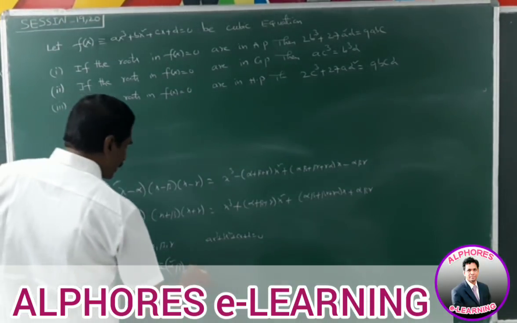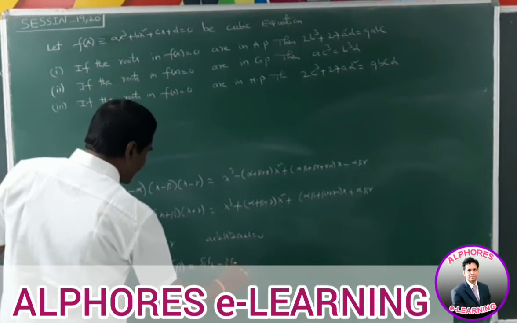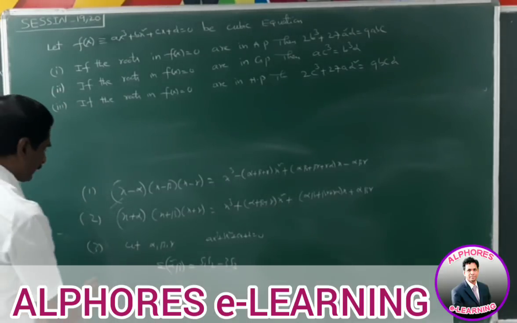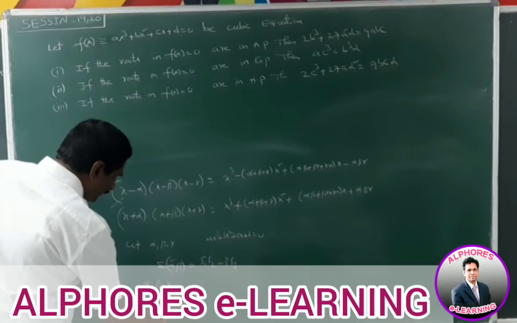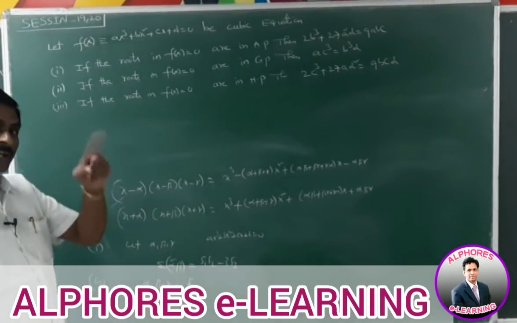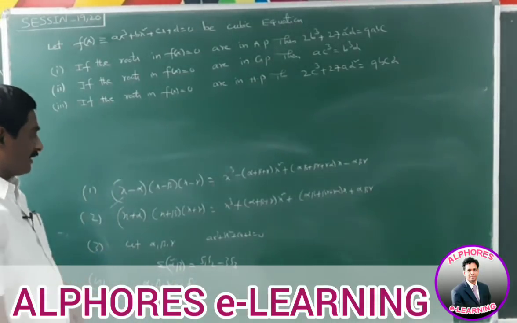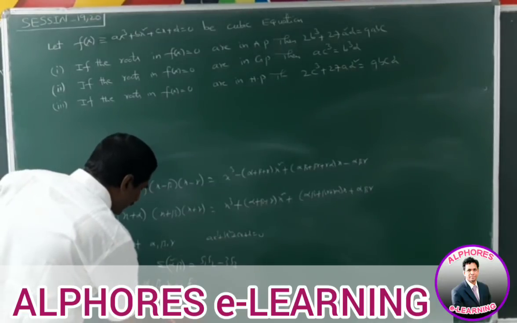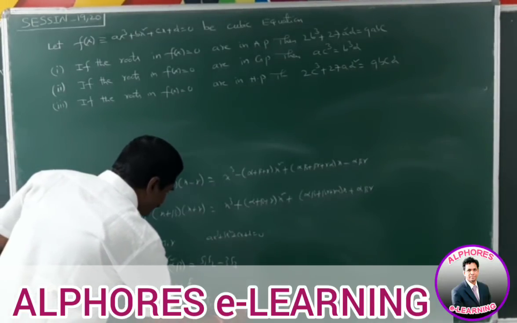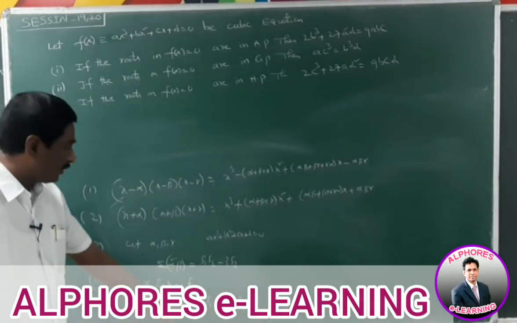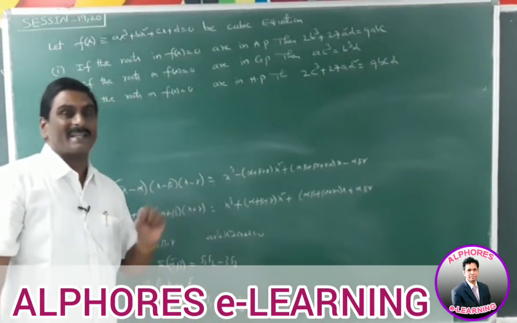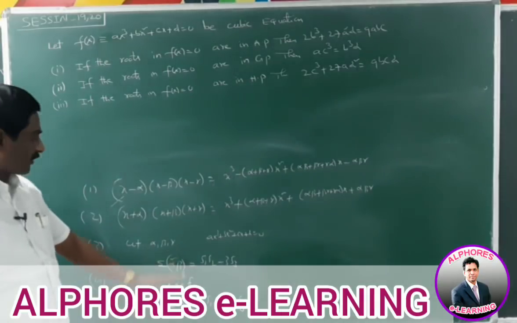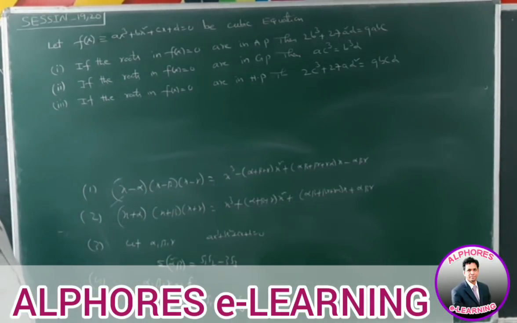That value is equal to s1 s2 minus 3 s3. Suppose alpha, beta, gamma and delta are 4 roots of the 4th degree equation, then sigma alpha square beta is equal to s1 s2 minus 4 s3. Okay, these two are very, very important. Please note these points.